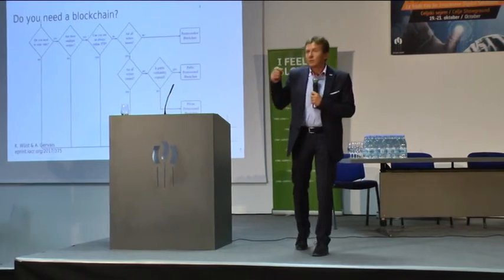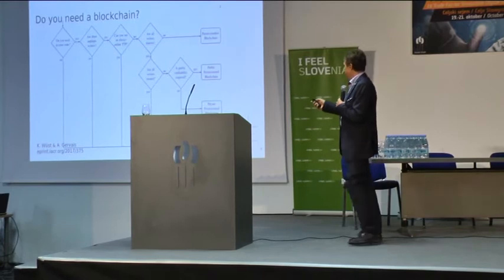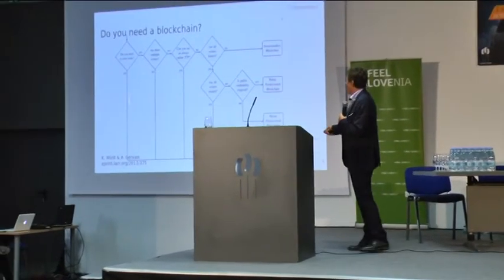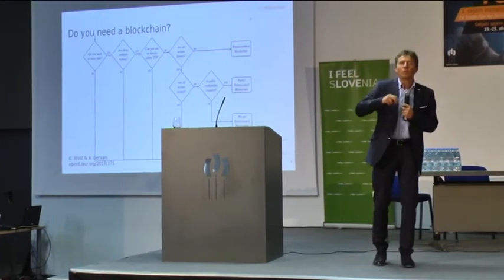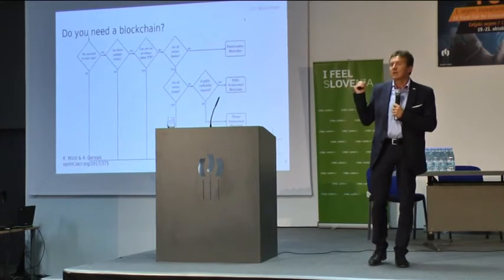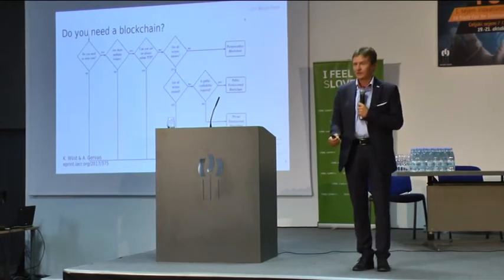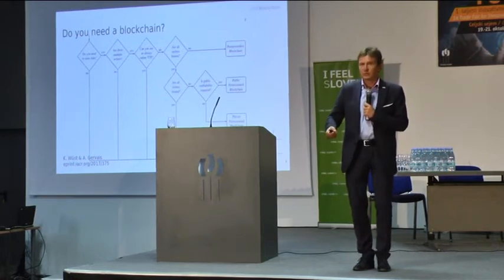But blockchain is not the answer to all of the questions. This diagram really shows you why you shouldn't use blockchain. Today we just talked about why we would, and should, and must. But here are a lot of reasons why you shouldn't. First of all, it's not so simple, and it's expensive to run.